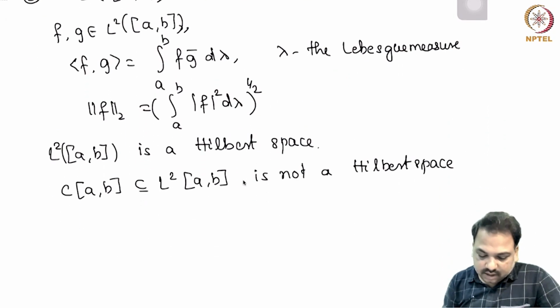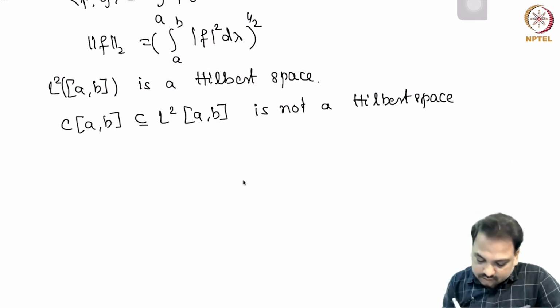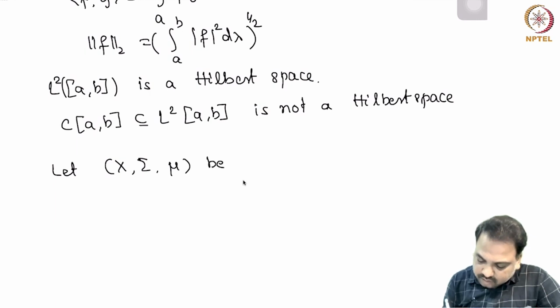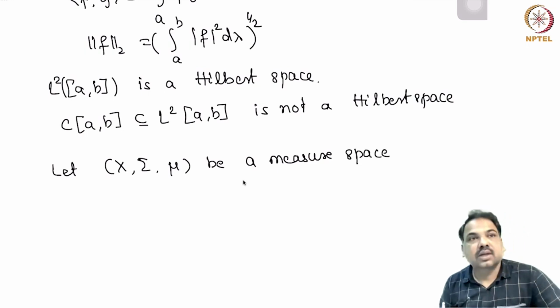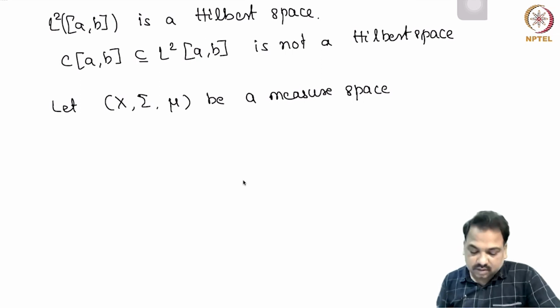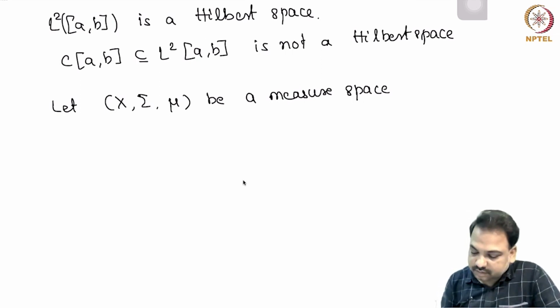So we can still generalize this example 3. So let us look at (X, sigma, mu) to be a measure space. That means X is a non-empty set, sigma is the sigma algebra on subsets of X, and mu is a measure on sigma.